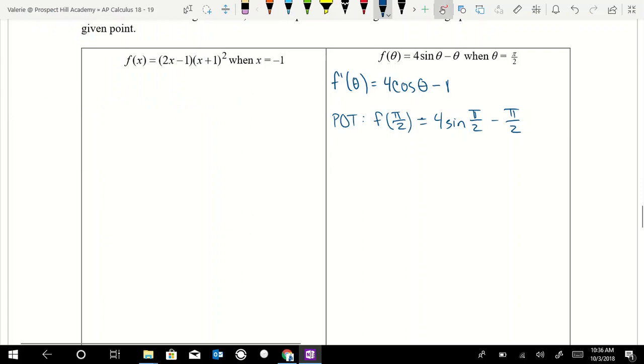So we get 4 times sine of pi over 2, which is 1, minus pi over 2. So our point of tangency will bring us to 4 minus pi over 2.